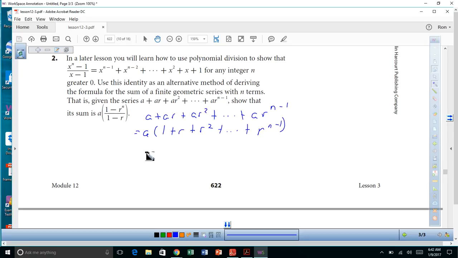Now, we need to replace the series with the identity. So we have a times r to the nth minus 1 over r minus 1. Now, let's multiply the numerator and denominator by -1, and we get a times 1 minus r to the n over 1 minus r. And there we go. Easy peasy.